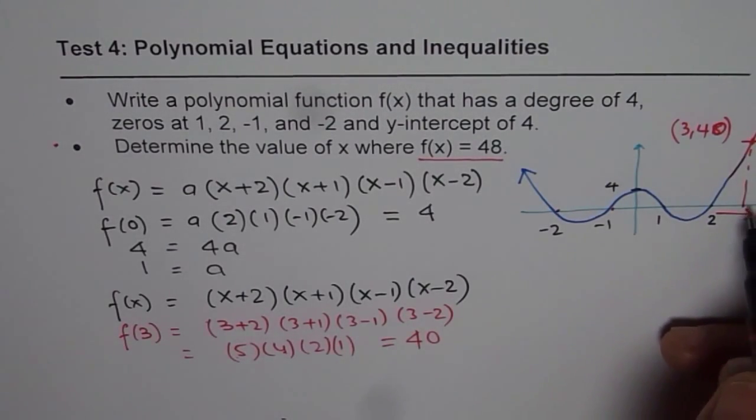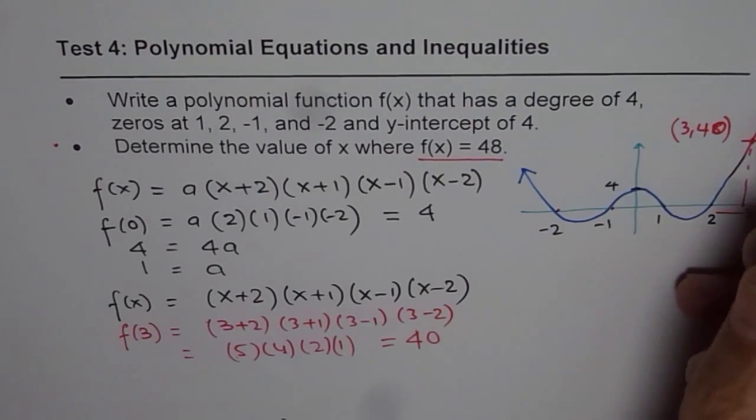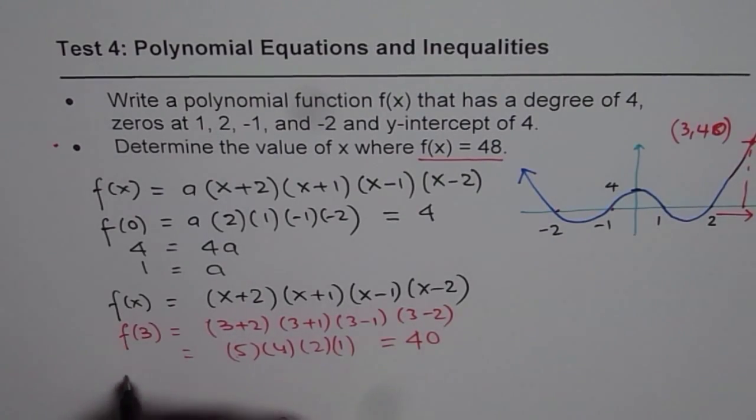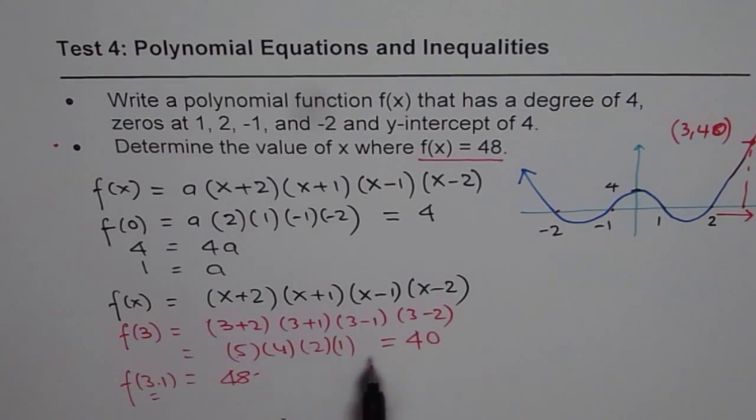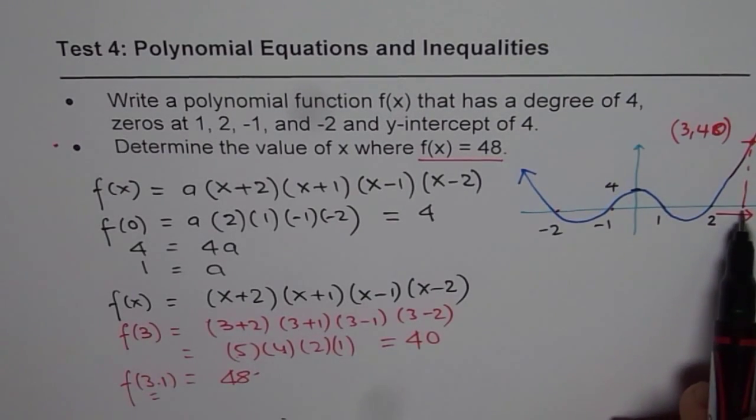So don't try values like 4 or 5. This is degree 4. It has to go up very high. So try f of 3.1, 3.2 like that. And you will notice that 3.1 is indeed 48, and that is the answer, right? So the idea is you should try the minimum number of values to get to the answer.